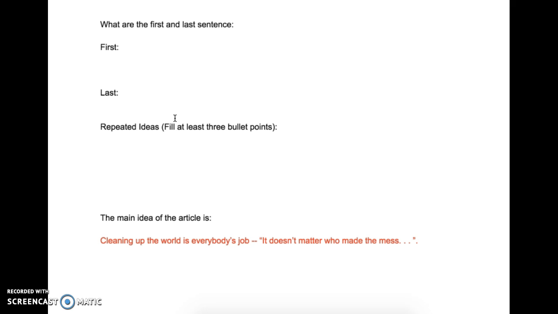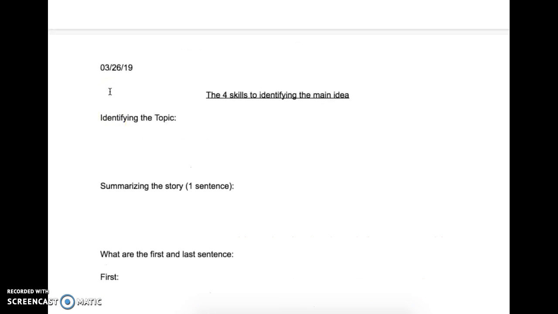Social media is a great vehicle for reaching many people where they are at. It is officially your job to answer the repeated ideas, first and last sentence, summarizing the story and identifying the topic.